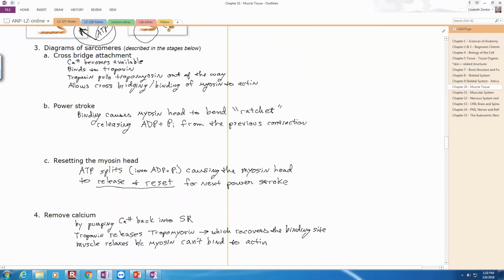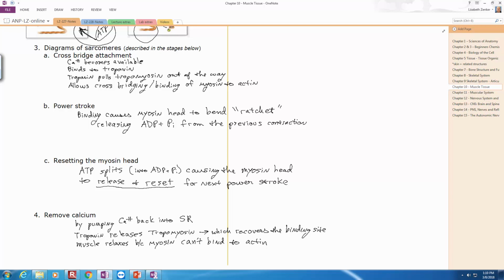Oh, and then, sorry, at the end, removing calcium. So we have to get the calcium back into the sarcoplasmic reticulum, otherwise you won't be able to stop the contraction at some point, right? If calcium is there, the binding site is available. So we have to get the calcium out of there if we want to relax our muscle. So we have to pump it back in, and when we say pump, what does that imply to you?